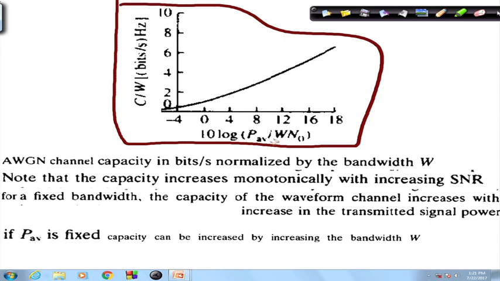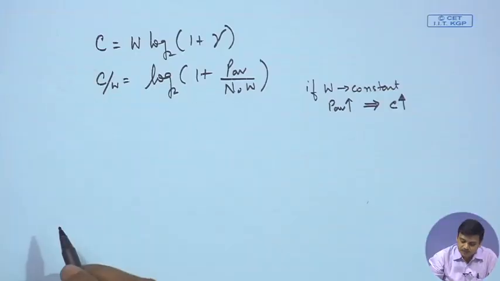As you keep on increasing PAV, you can keep on indefinitely increasing C upon W or C if we keep W constant. If W is constant, the denominator you can neglect, and N naught is constant anyway. So, you can read this curve as: increasing PAV, it goes up, which is also relevant from the expression we have in front of us.